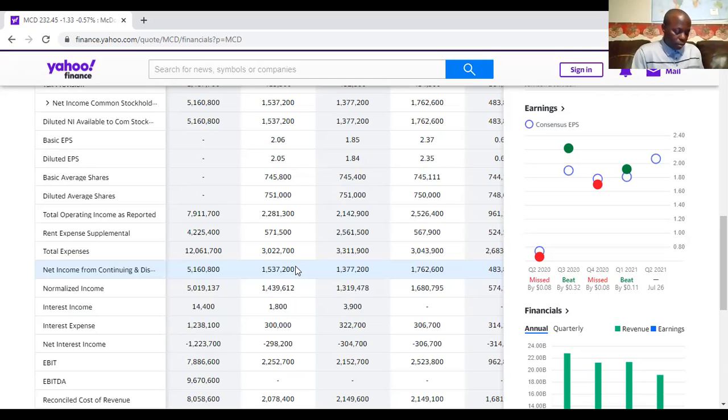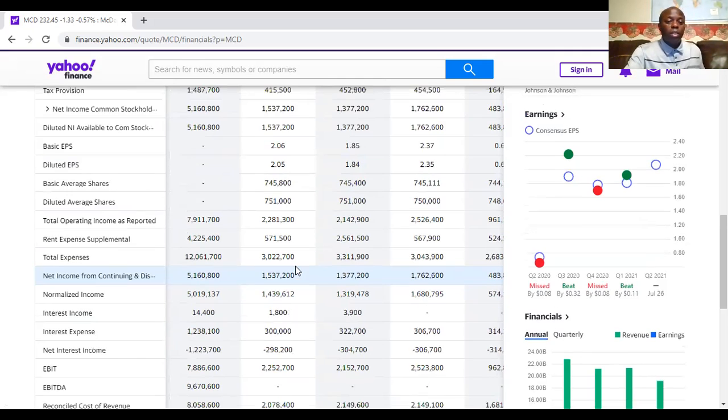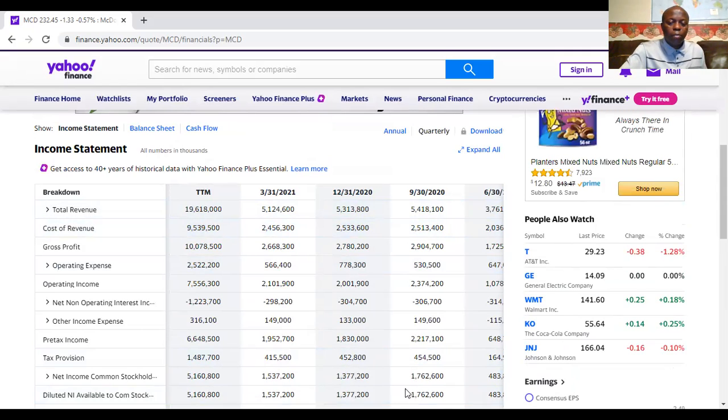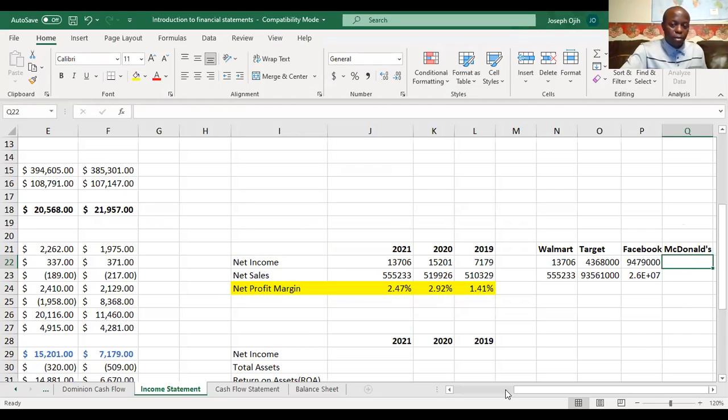Then net sales. For net sales, we use the total revenue. We have 5,124,600. So I'll take it to Excel so we can put this number in. McDonald's, and make sure you're seeing this.